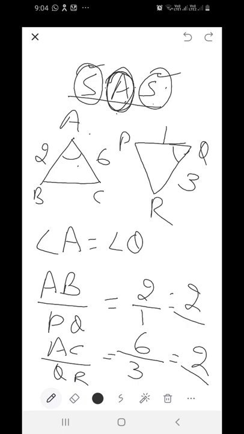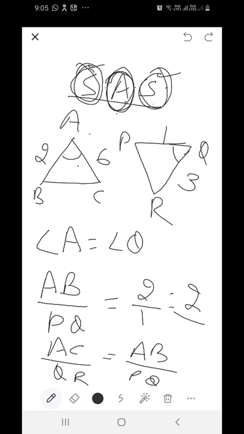That is, now I can write that AB upon PQ is equal to AC upon QR, which shows that two sides of triangle ABC are in same proportion with two sides of triangle PQR, and the included angle I have given equal.